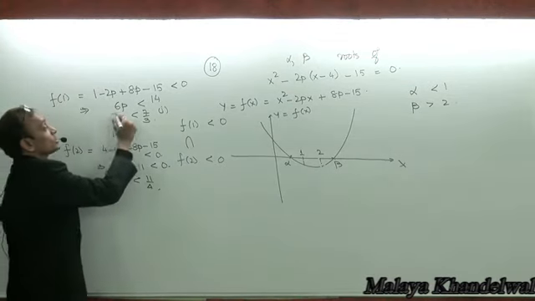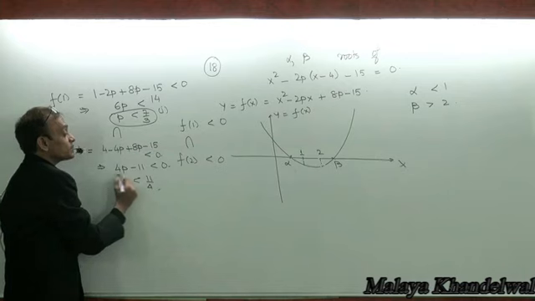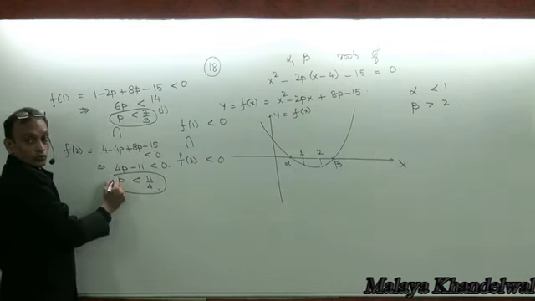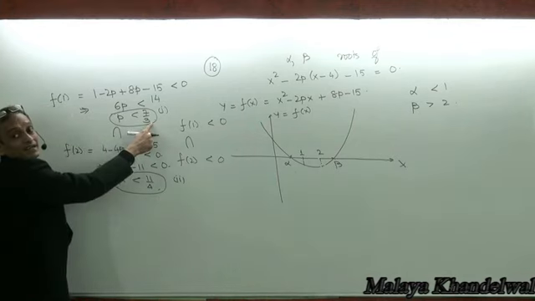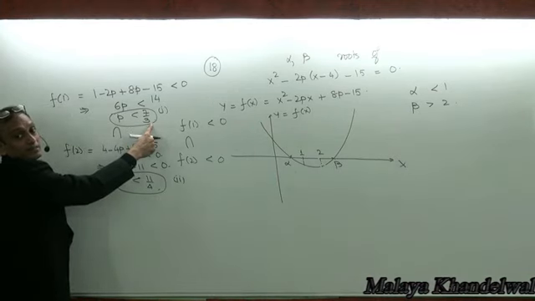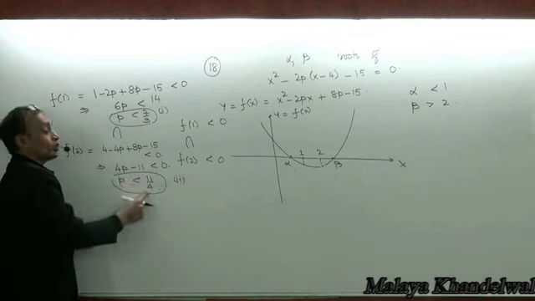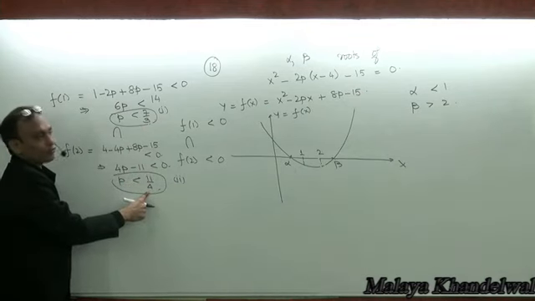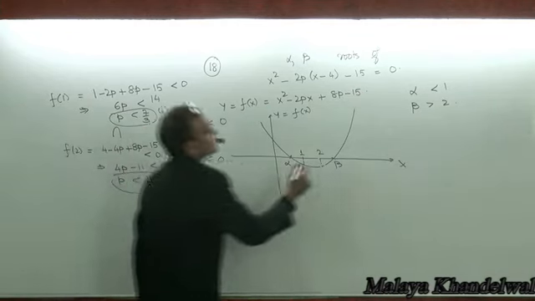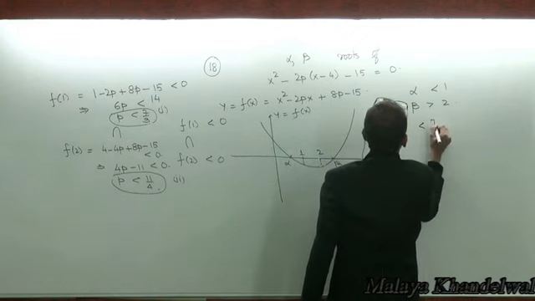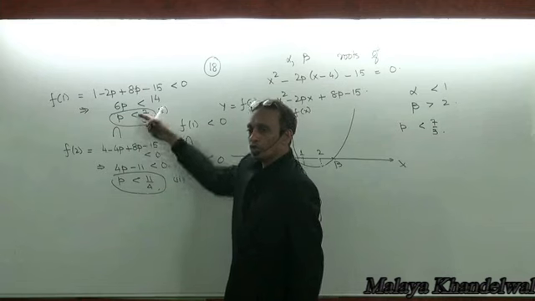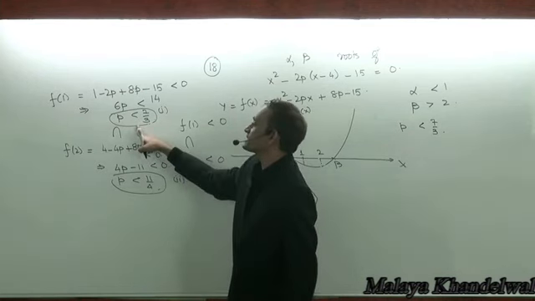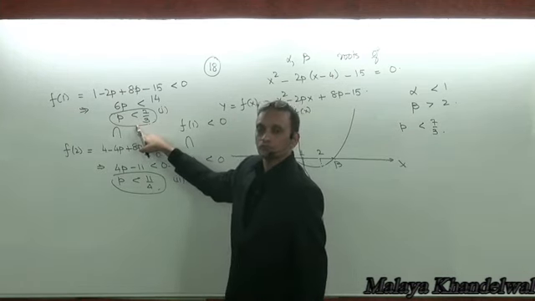Now this condition must be true and this must also be true. When can both these conditions be true? If p is less than 7 by 3, then it will also be less than 11 by 4. So the required condition is p less than 7 by 3. It would suffice if this alone holds good.